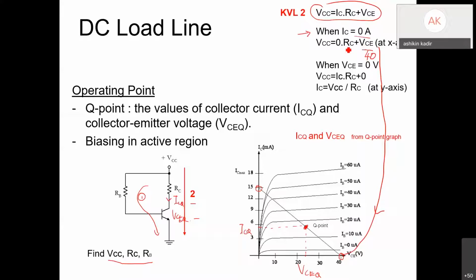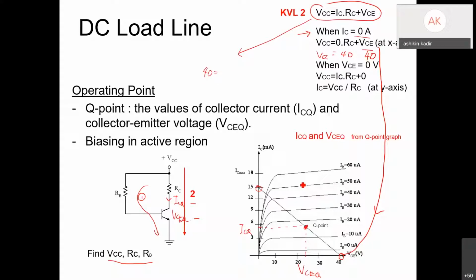Because IC is 0 at this time, you know that your VCC equals 40, right? Yes. So you get the value for VCC, and then you just put the VCC value inside KVL number 2 here.